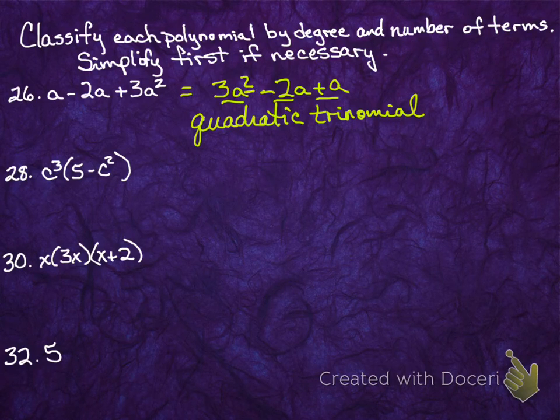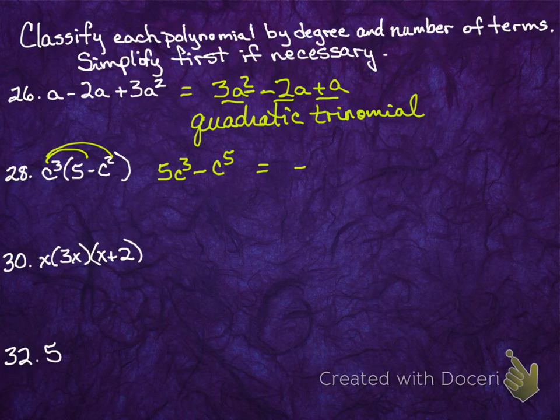Okay. All right, number 28. We have c cubed times 5 minus c squared. So we're going to distribute. We have 5c cubed minus, c cubed times c squared gives me c to the 5th power.